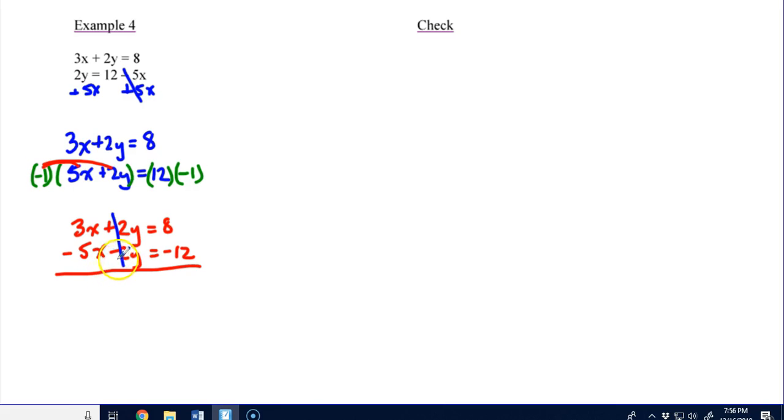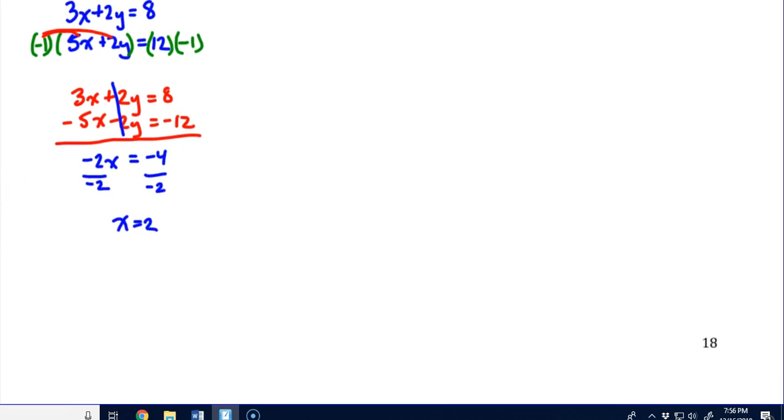Okay, so we'll go through this kind of fast. We've done a few of these. At this point, I can use either equation to solve for y. I'm going to use that bottom equation. I think it's going to work out well because I already have it solved for y.